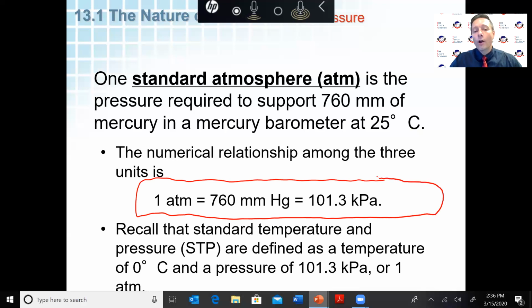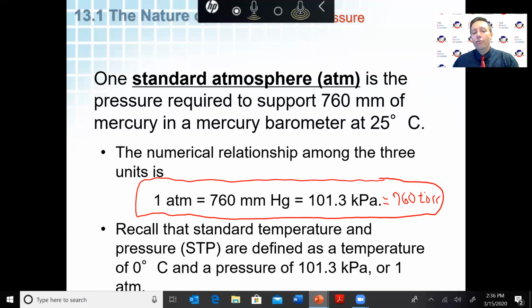I would write 1 atmosphere is equal to 760 millimeters of mercury, which is also the same as 101.3 kilopascals. So all of those terms are equal. If I brought torr into the mix, that also equals 760 torr. That's the unit for that.